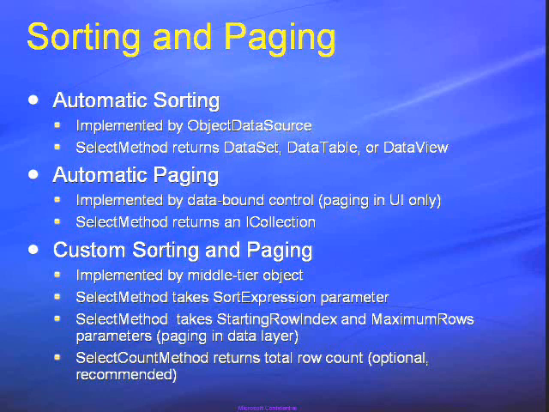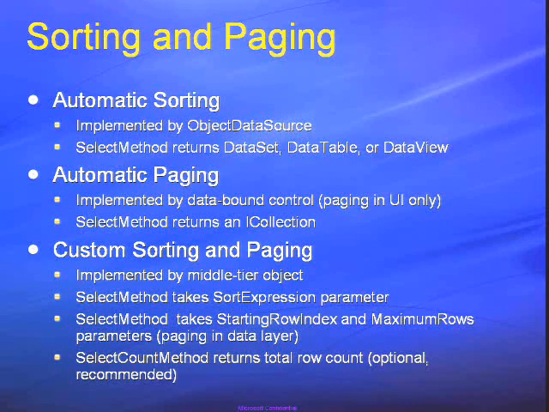And the way this works is that with our object data source, you can tell it which parameters on the method correspond to those paging parameters, and it will pass along information that it gets from our data-bound controls, like the grid. It'll pass those values down into the method, and then the method can do with it whatever it will.